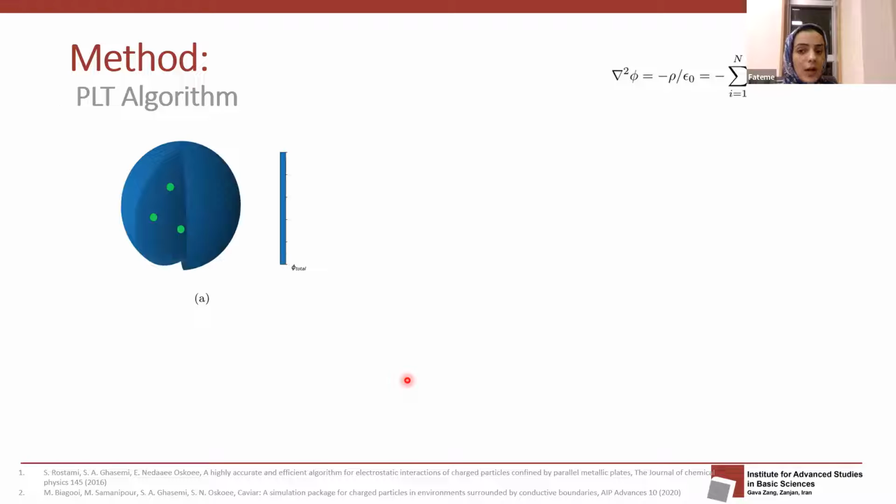Okay, what is the PLT algorithm? As I said earlier, in our work, whenever we want to calculate the potential of the charged particle, we have to solve this Poisson equation. But due to the PLT algorithm, we can split the potential into two parts: singular potential and smooth potential.